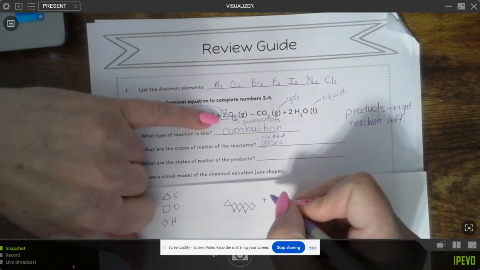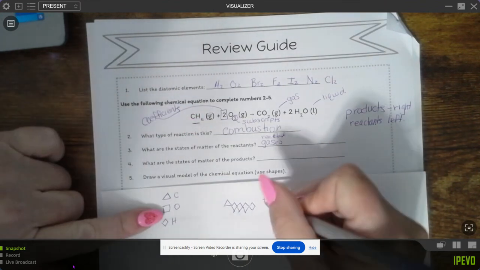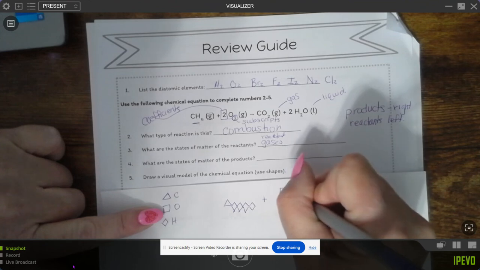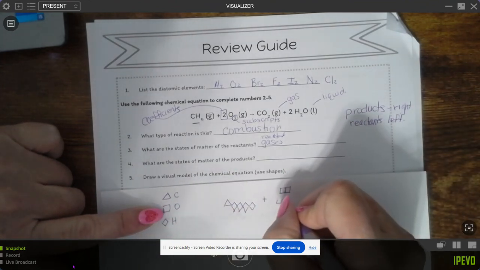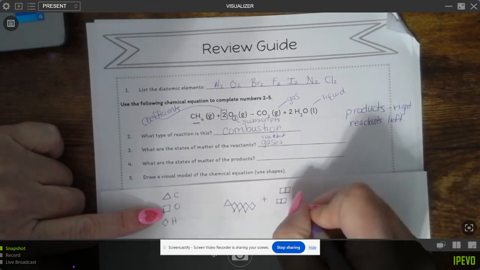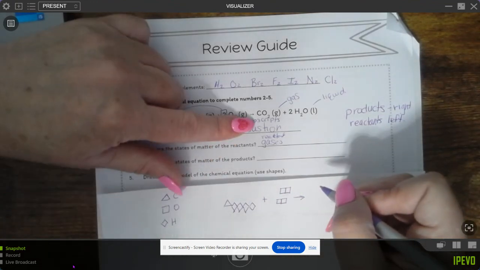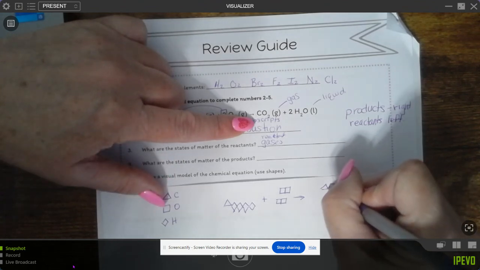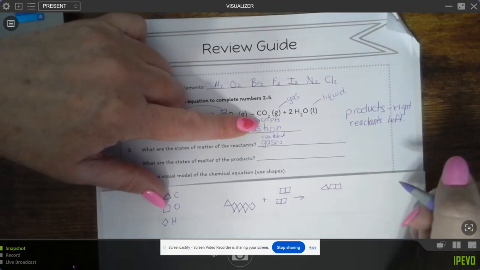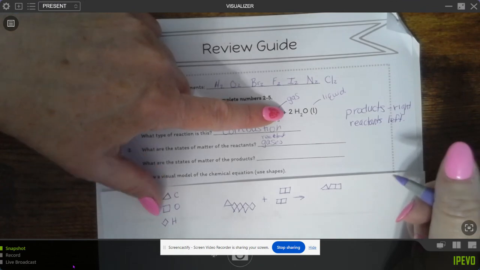And then we've got two O2s. An O2 would be two oxygens stuck together. We have two of those. And then we have one CO2, so that's a carbon connected to two oxygens. And we have two H2Os.